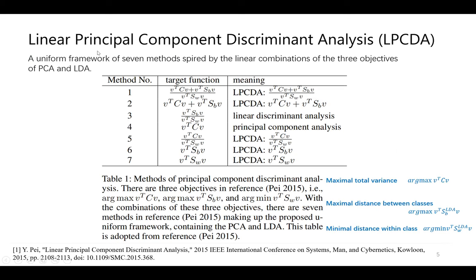This part is also the background knowledge. It is a paper from Professor Pei called Linear Principal Component Discriminant Analysis, LPCDA. It introduced a uniform framework of 7 methods inspired by the linear combinations of 3 objectives of PCA and LDA.